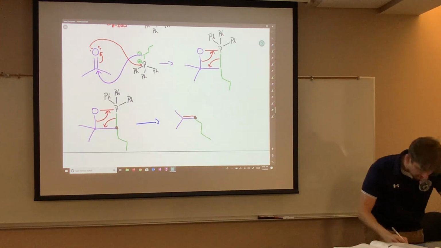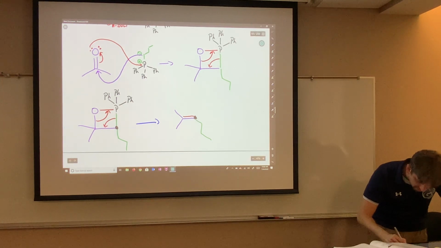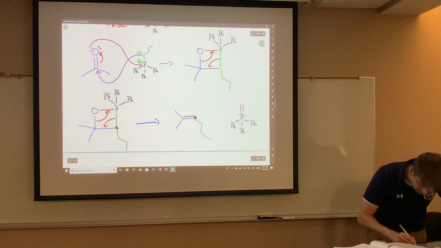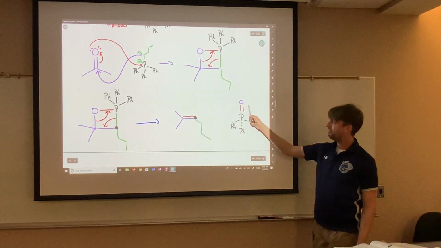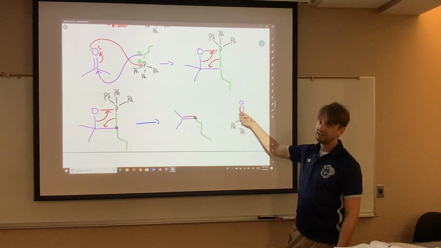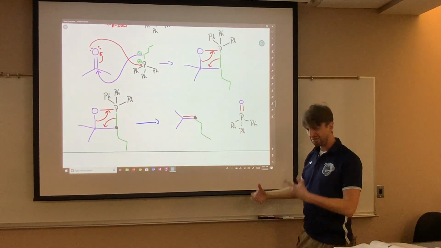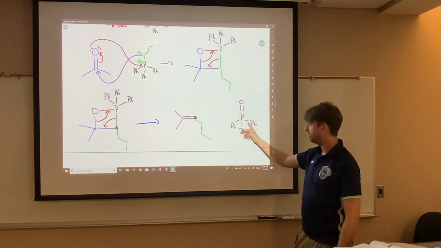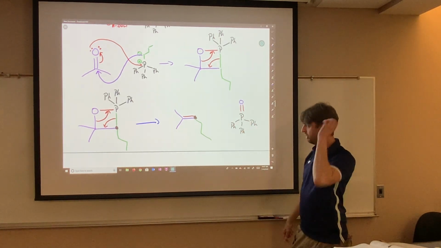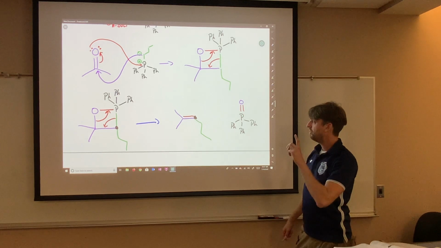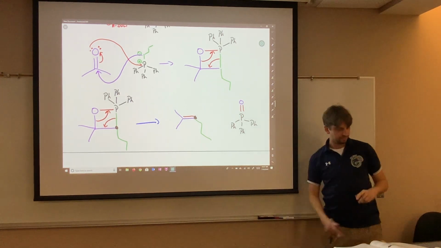And then the other product that we end up making out of this is, there's my phosphorus. That was red, and then this was purple. Triphenylphosphine oxide, also a pretty useful reagent for some cases, but an easy product to separate in this case. Do you guys catch this?